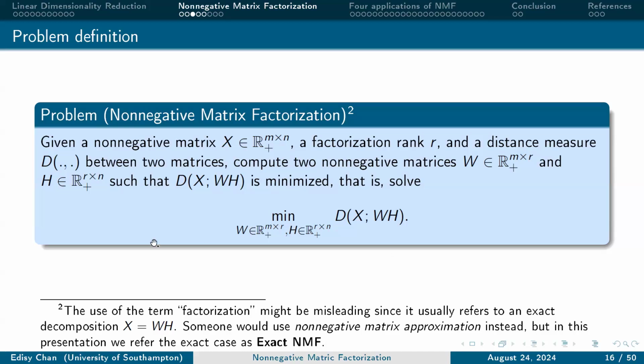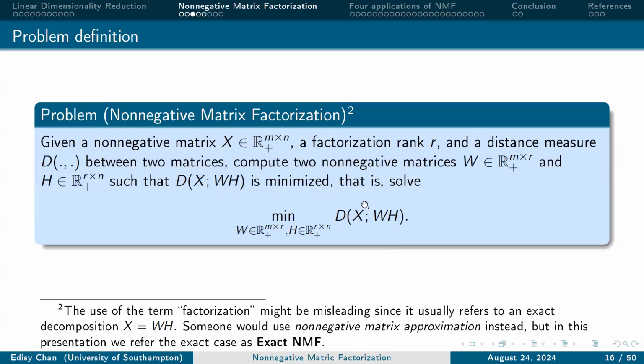In my presentation, or actually in the book I take as a reference, we use non-negative matrix factorization for these approximations. Some people call this non-negative matrix approximation, but we don't. For the exact case, we call it exact NMF, exact non-negative matrix factorization.